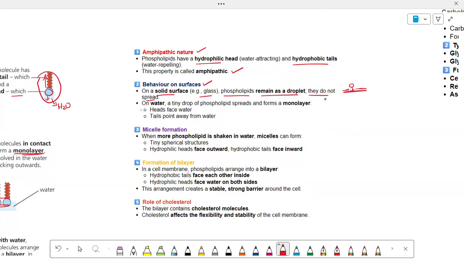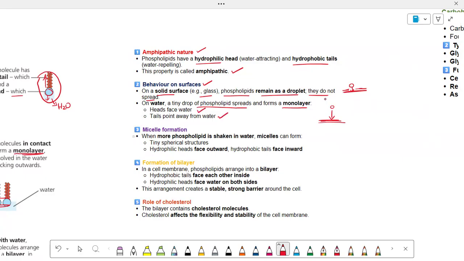But on water, a tiny drop of phospholipid spreads and forms a monolayer. Means if we drop any droplet of oil on water, it will spread. On water, a tiny droplet of phospholipid spreads and forms a monolayer. Heads face water and tails point away from water.